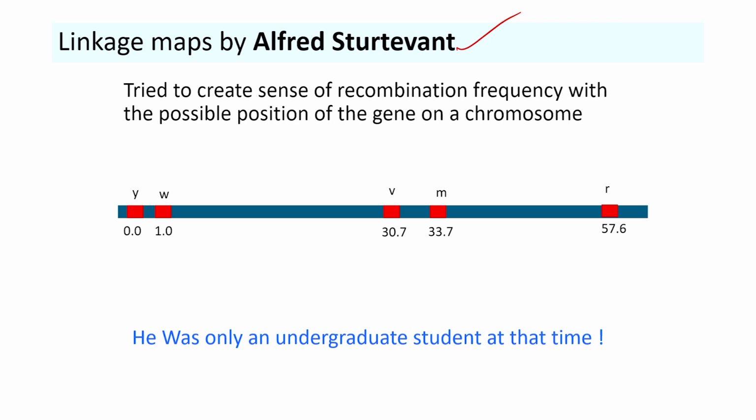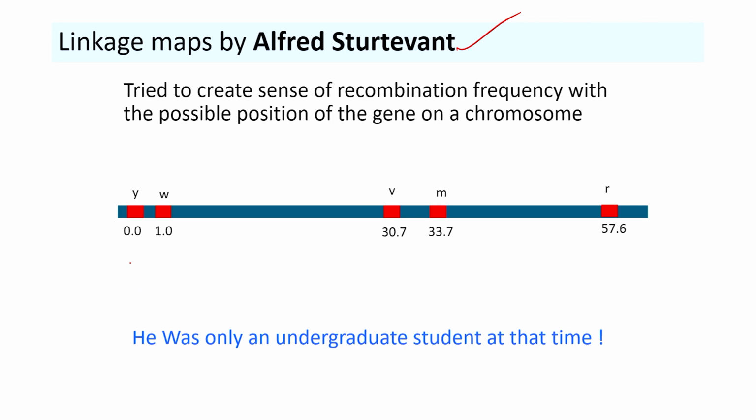And so Alfred Sturtevant was just an undergraduate student. In one of Morgan's lectures, he listened to him and liked his work, and he started going to his lab, and he liked the environment of the lab so much that he got involved in the research project.